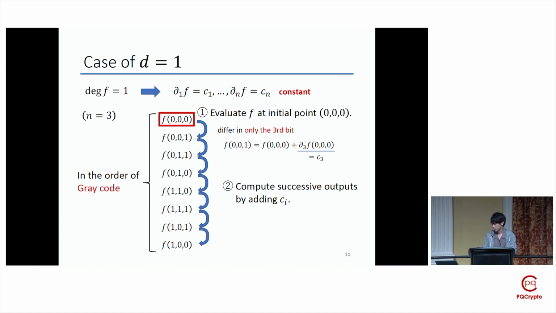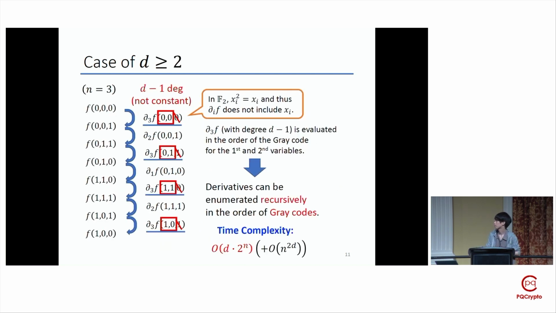By iterating such an addition of derivative values, we can enumerate all the outputs starting from f(000) to f(100). Next was the case where d is larger than 1. In this case, we also enumerate all the outputs by using derivatives and gray code ordering.